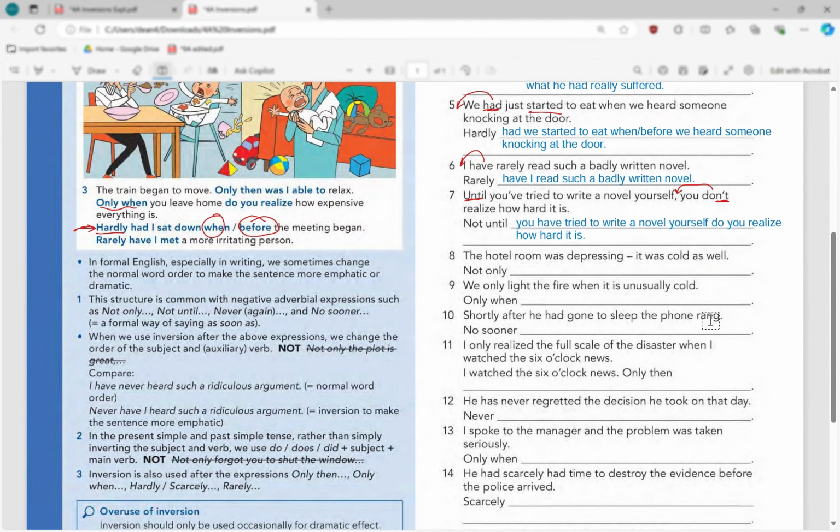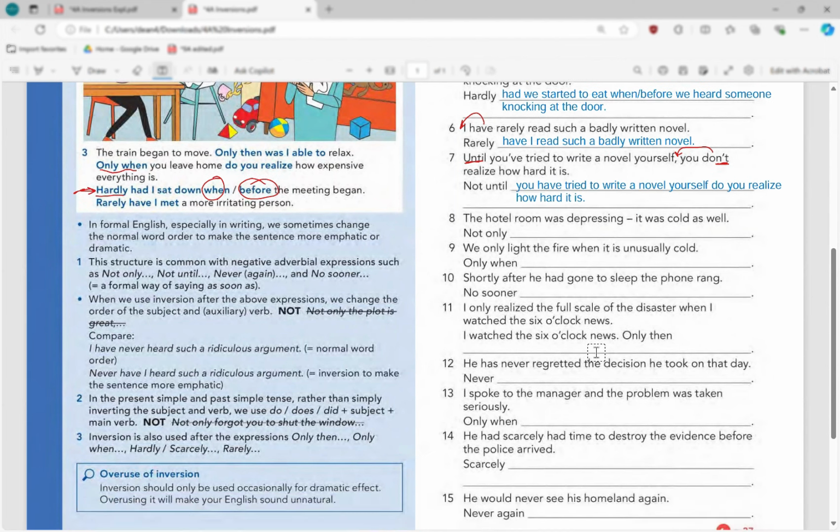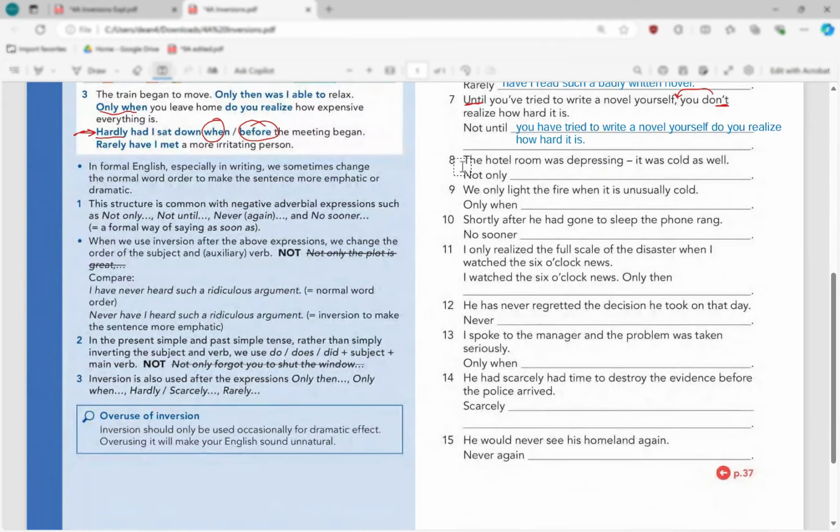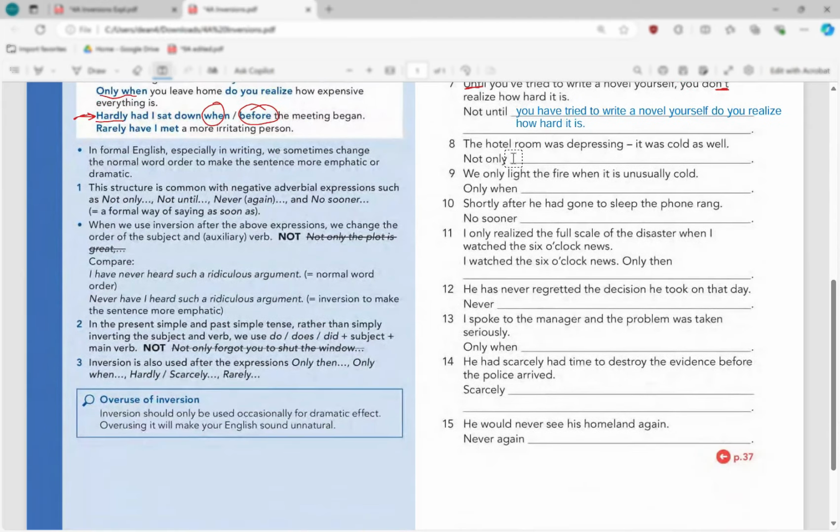Okay. Number 8: the hotel room was depressing. It was cold as well. So here, not only, was, the inversion is happening, right? Not only was the hotel room depressing, but it was also cold.